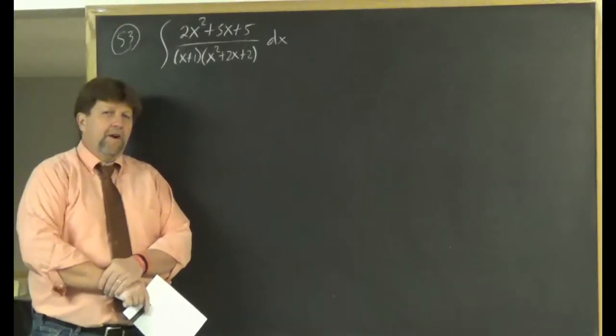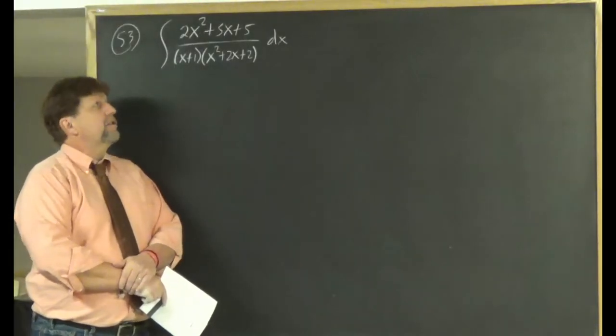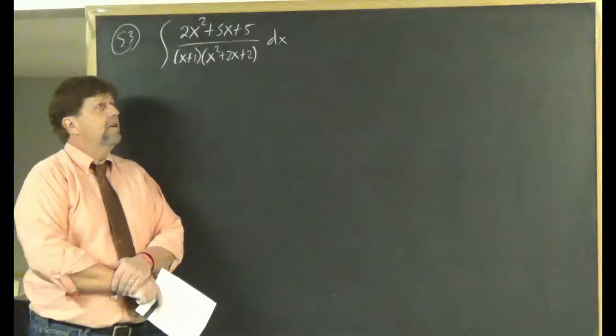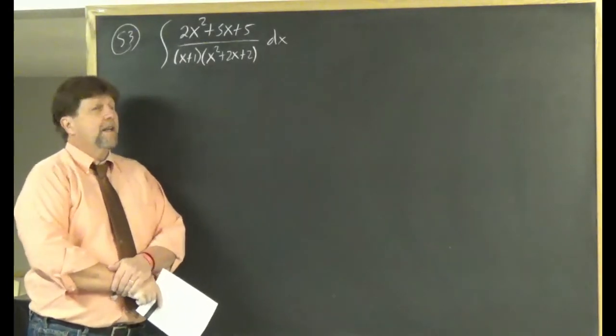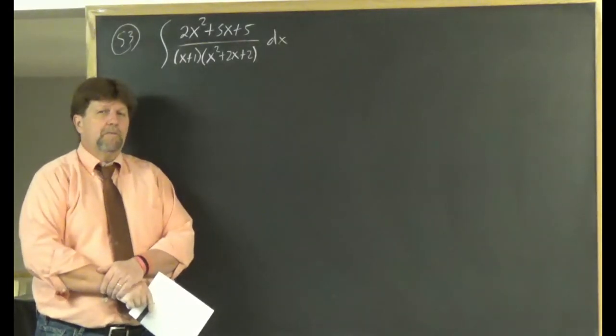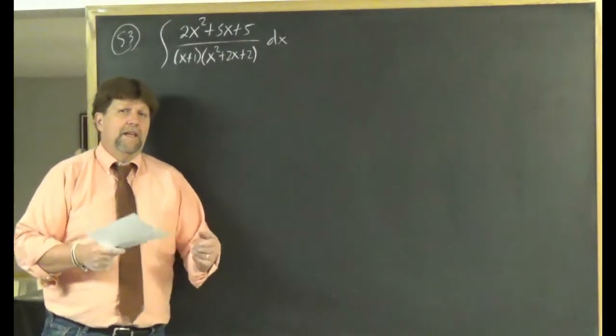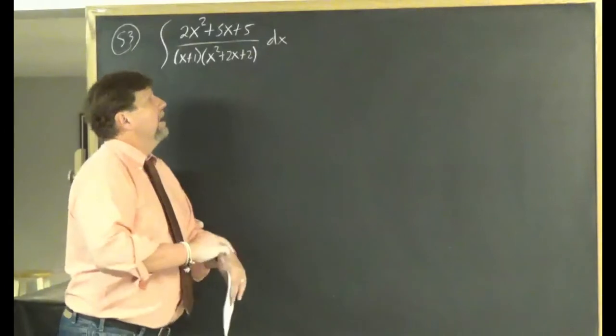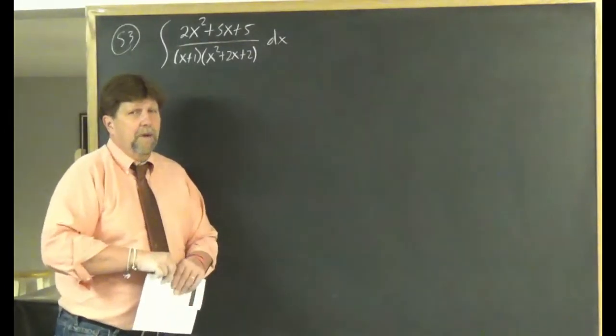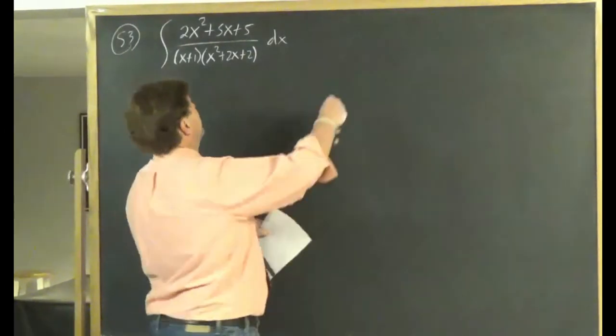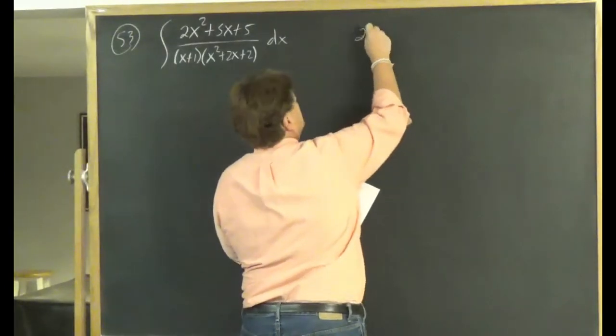All right, 53, you're asked to integrate 2x squared plus 5x plus 5 all over x plus 1 times the quantity x squared plus 2x plus 2. Denominator is already completely factored. We have a linear times a quadratic. I promised you this wouldn't be as bad as the last example we did. Let's see if that's actually the case.